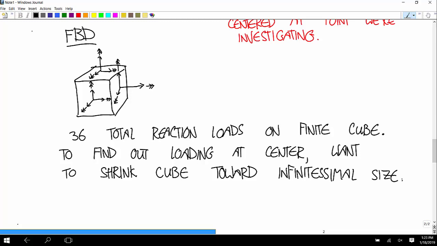Okay, so we're starting out with 18 forces, 18 couples, and we want to see what happens as we shrink the cube.